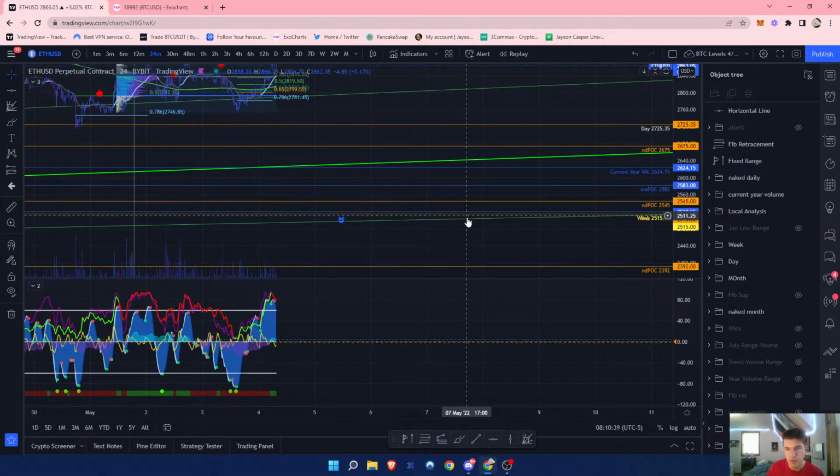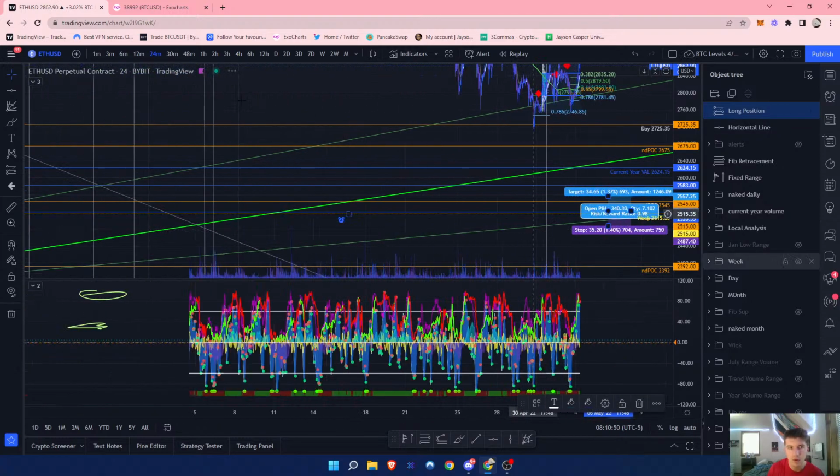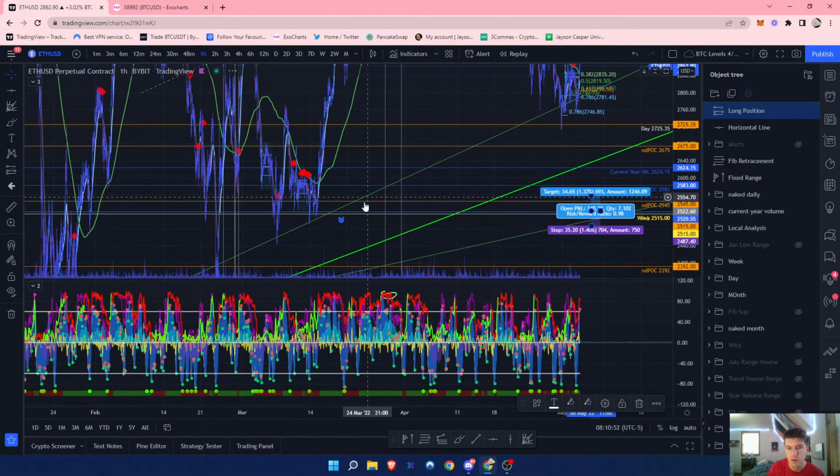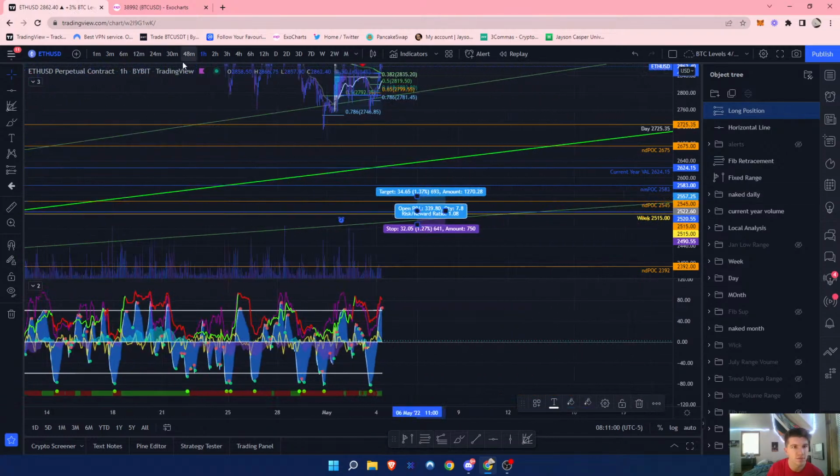And then if we do come down to this level right here, put my entry price and then my stop loss kind of below this low right here. So nice 1.27 stop loss.